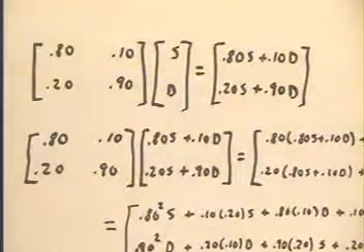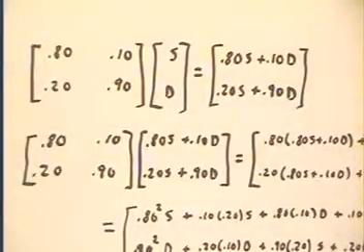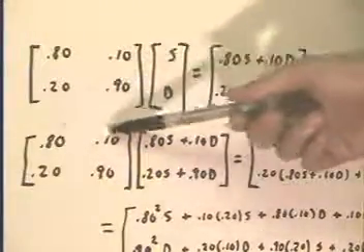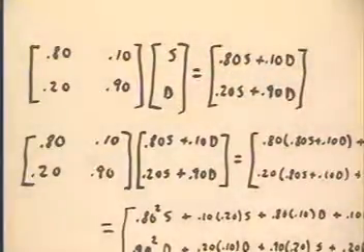Now, the convenient thing about rows and columns is we can stack rows on top of each other. And we could put columns next to each other if we wanted to.